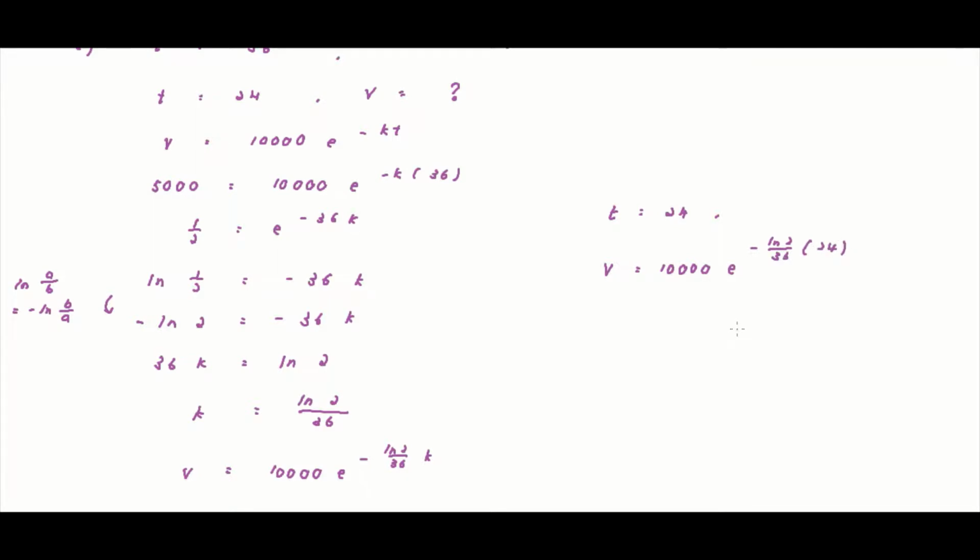Okay, so what can you get from here? So equal to 10,000 e to the negative 2 ln 2 over 3. Okay, so at this point, you can just check with your calculator, and you should be able to get 6299.91, which when we change it into 3 significant figures gives us 6300.